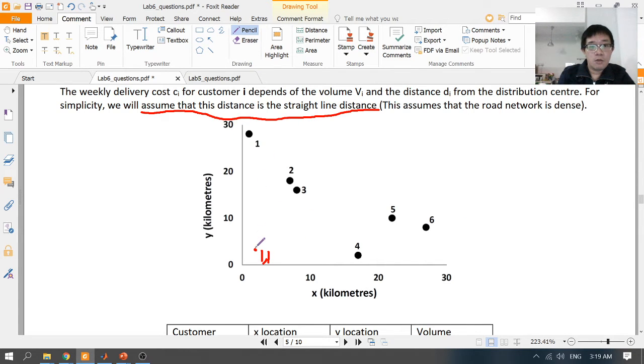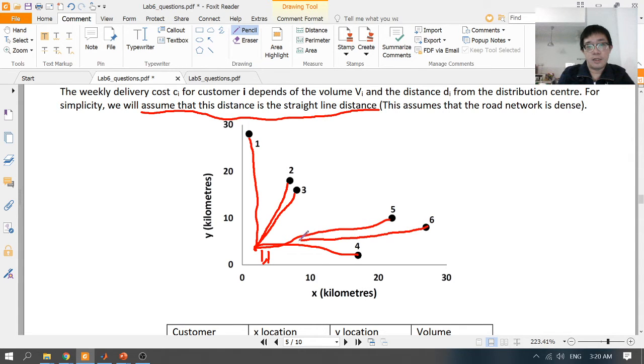And what it means is that if this is the distribution center, then the straight line distance from the distribution center to the first customer is the first distance that we will consider, and then the second distance, the third distance, the fourth distance, the fifth distance, and the sixth distance.